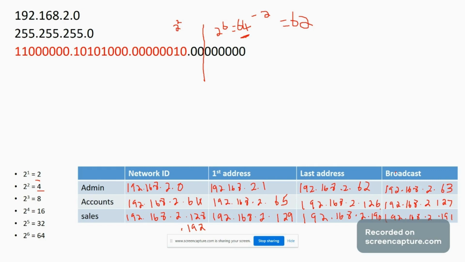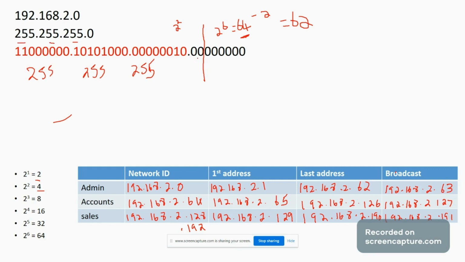Now the other thing we need is the subnet mask for this entire network. If we look at the network portion, remember that's 255, 255, 255. I got that from here.